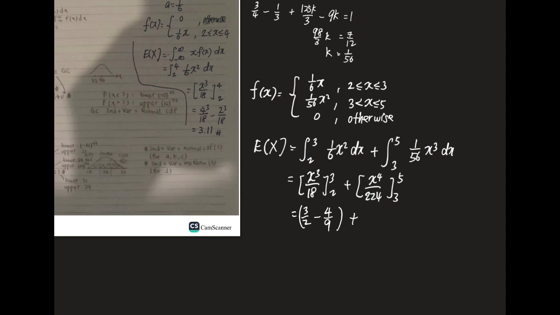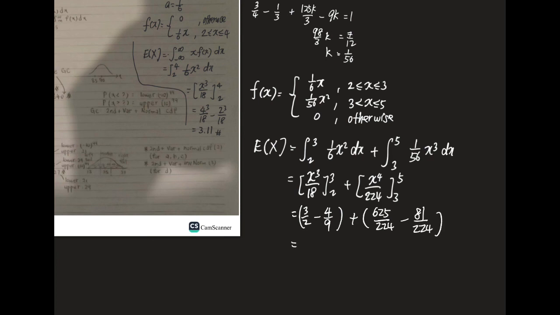Plus, the second one, put 5 inside: 5 to the power of 4 over 224, I get 625 over 224. Substitute 3 inside: 3 to the power of 4 over 224, 81 over 224.